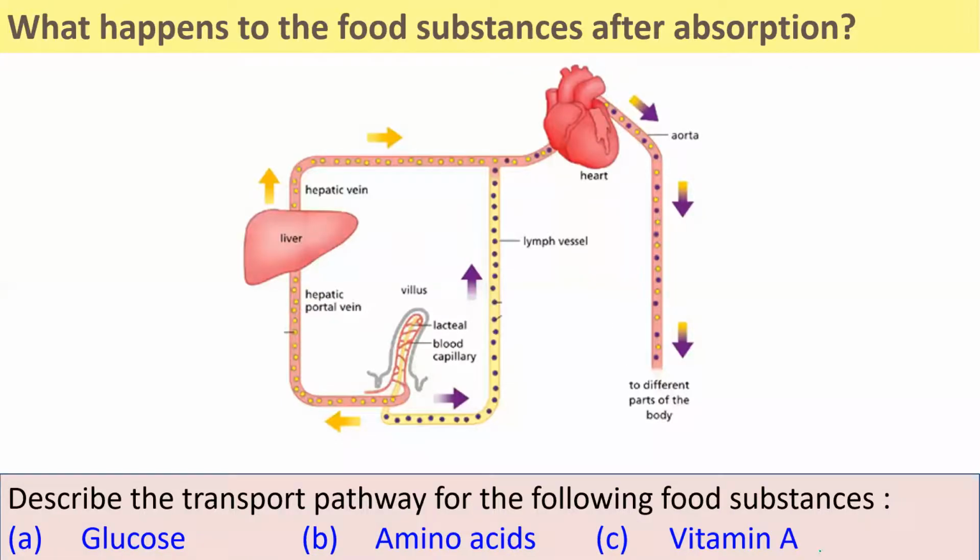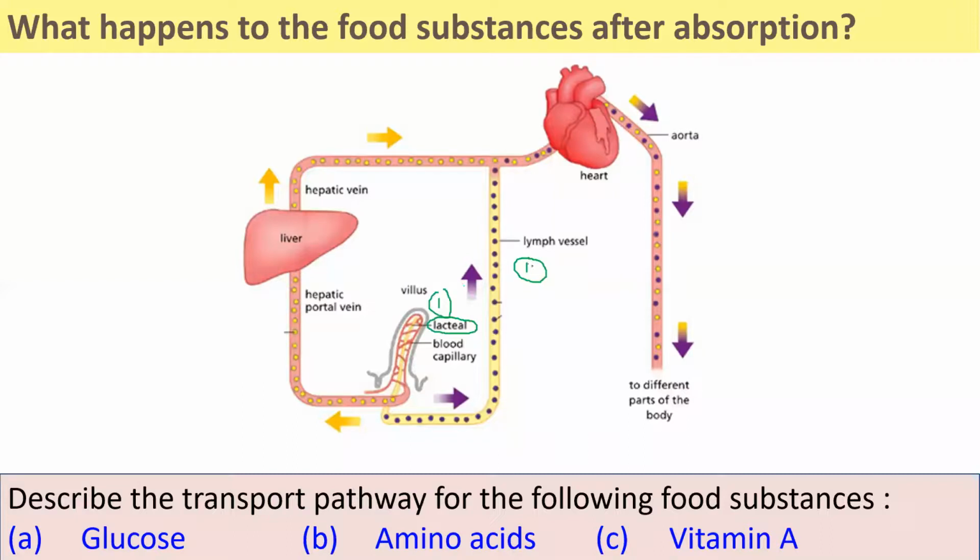For vitamin A, the first thing you should remember is that it is a fat soluble substance. So that's why they are absorbed into the lacteal, all right, this yellow part of the villus. So therefore, it will then be first transported by the lymph vessel.